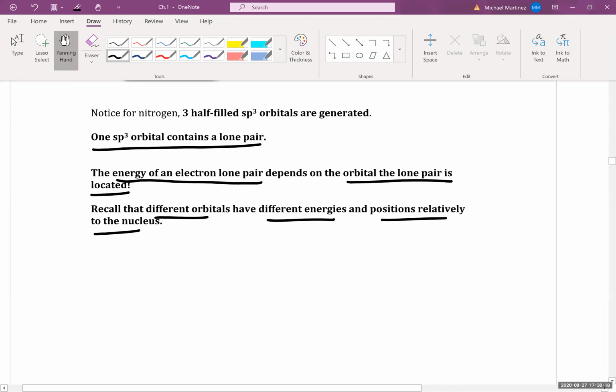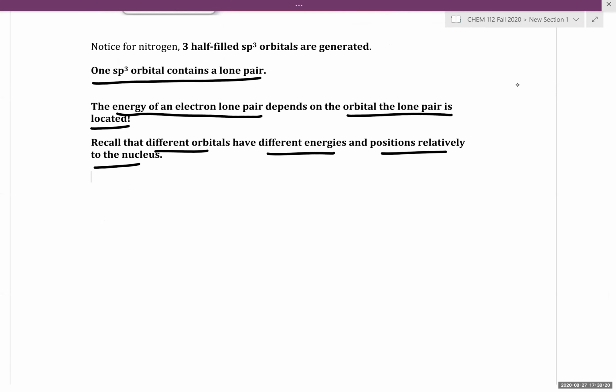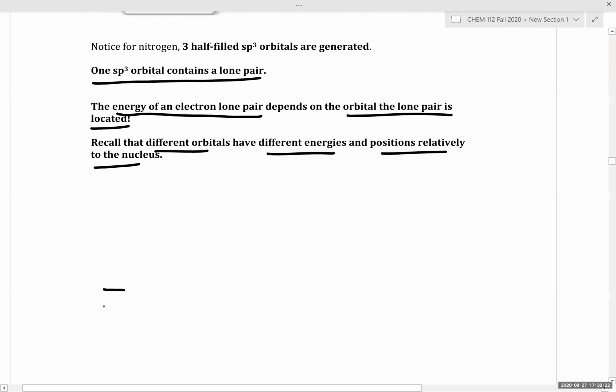If we think about our relative orbital energies, our 2s orbital is low in energy. So if we have a pair of electrons in an s orbital, they'll be relatively low in energy. A 2p orbital is a very high energy orbital, relatively speaking, and as a result, we'd expect a high energy lone pair.